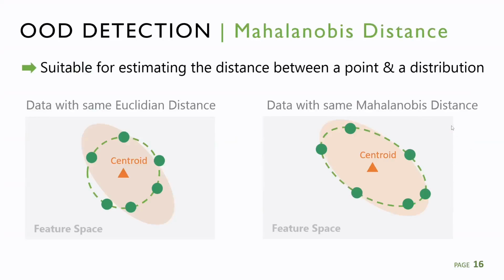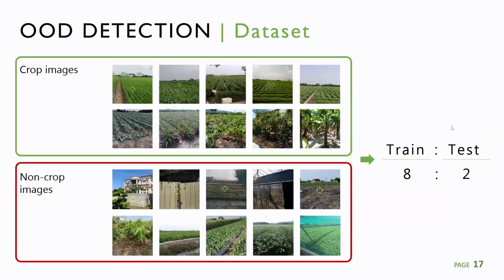To do that, we have to use the Mahalanobis distance because it considers the variance as well as the covariance between data. So that's the best choice. For this part, we collect again a lot of data and split the data into training and tests at a ratio of approximately 8:2.